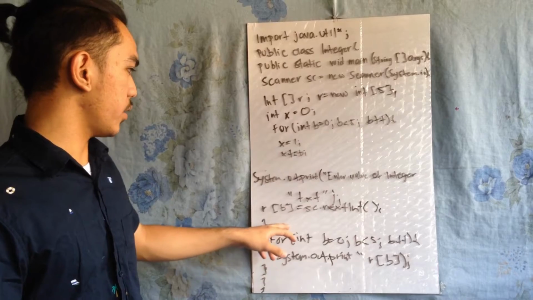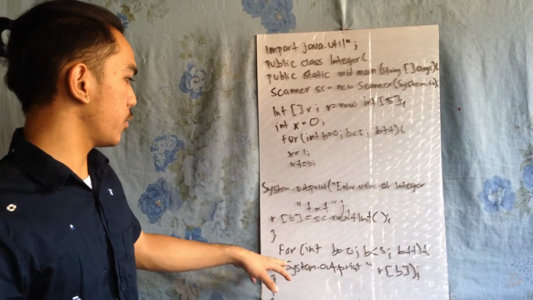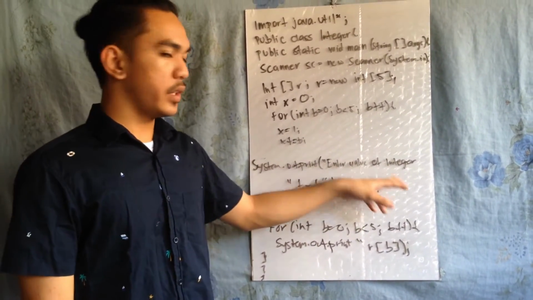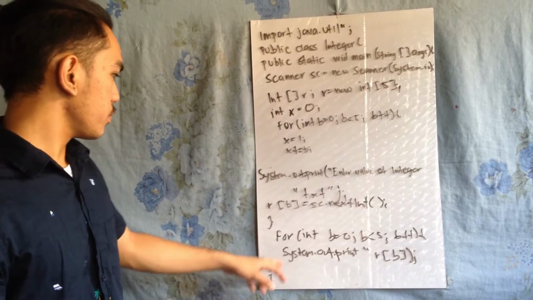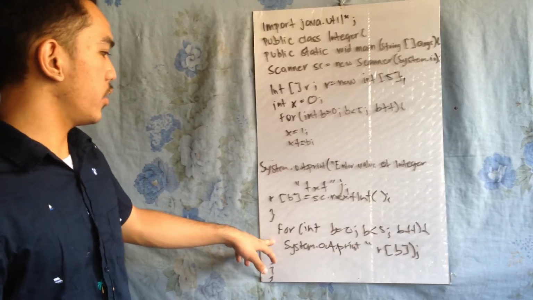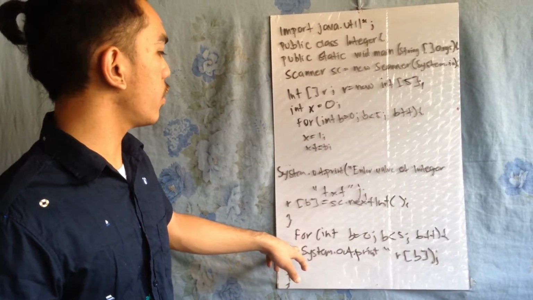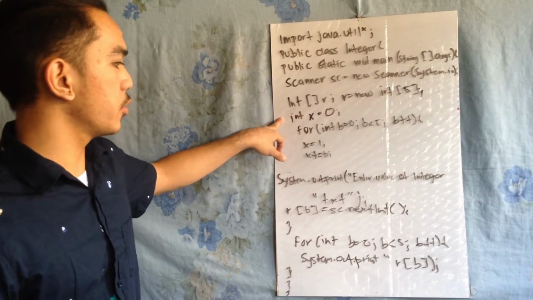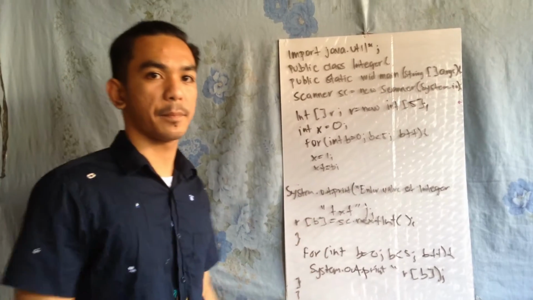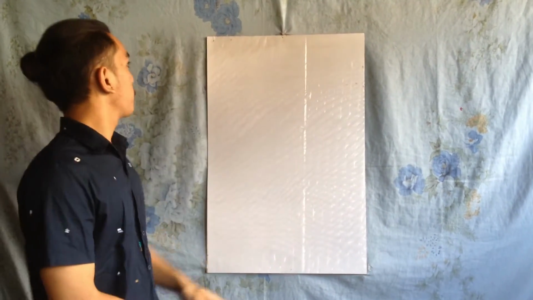And then gumamit ulit tayo ng for int para doon sa may enter value of integer. Yung for int b is equal to 0, kapag nag-enter tayo ng kung ano yung in-input natin dito sa taas, yun yung magre-represent para sa output mo sa baba. So ipapakita natin ang magiging output ng program na ito.